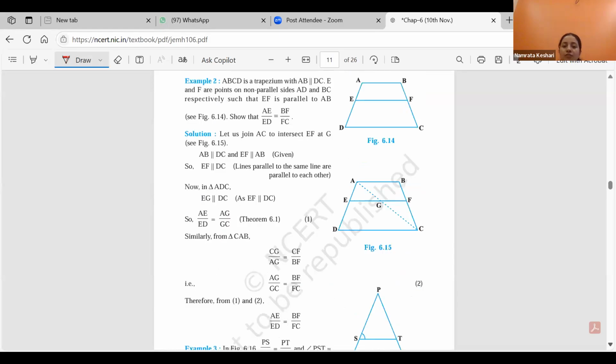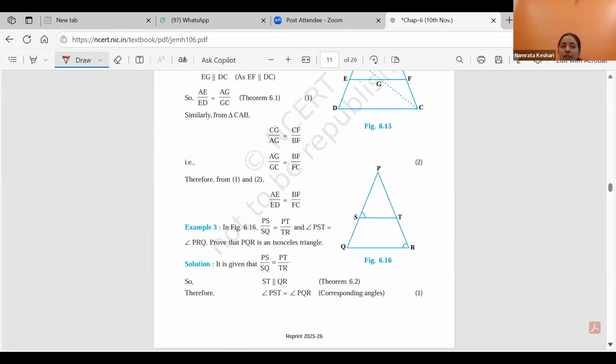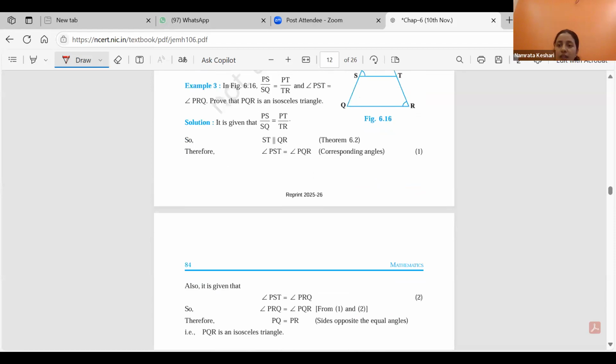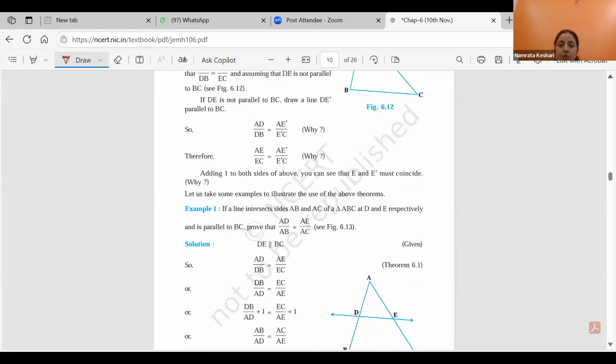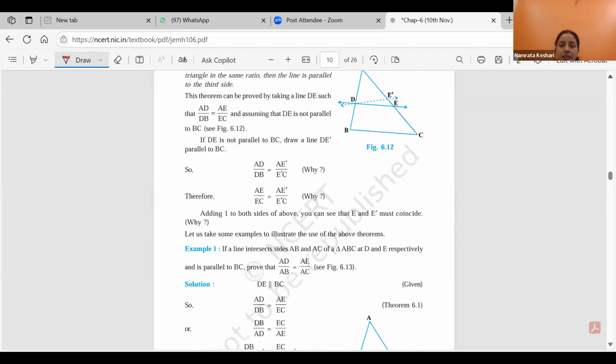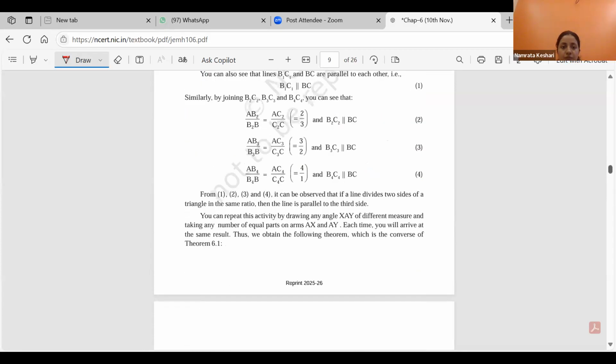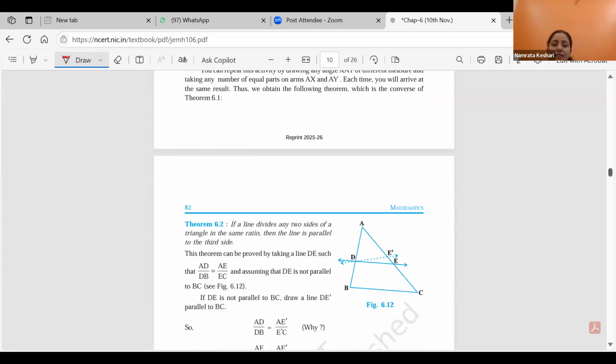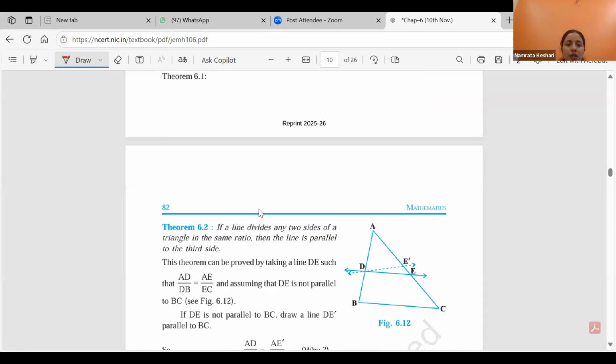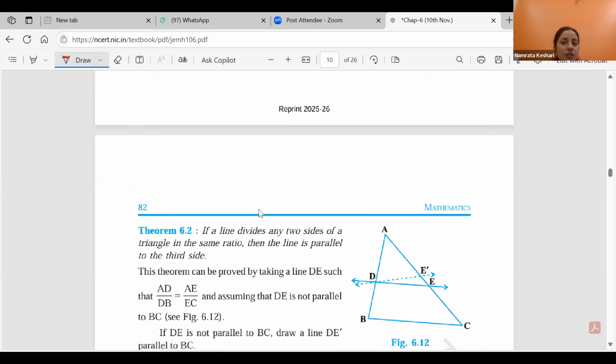Now if you have understood the first theorem, let me tell you the converse. The statement, just the statement; proof I will let you know later. If a line divides any two sides of a triangle in the same ratio, then the line is parallel to the third side.